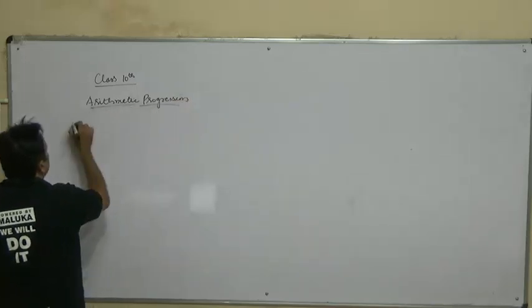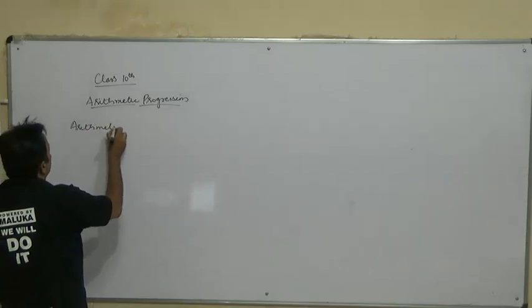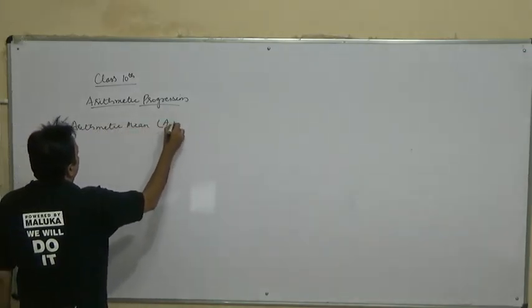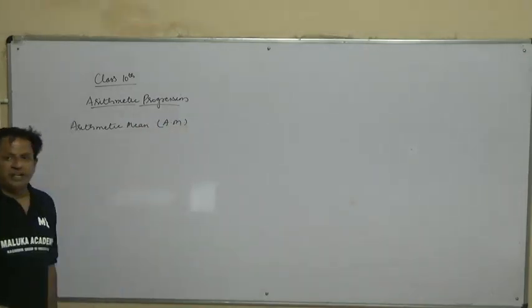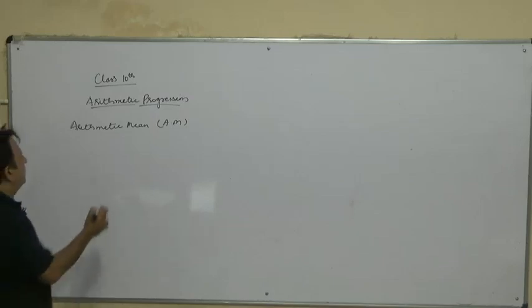So today's topic is arithmetic mean, or we can say AM. If we want to find the arithmetic mean between two numbers, it is just the same as the simple mean.